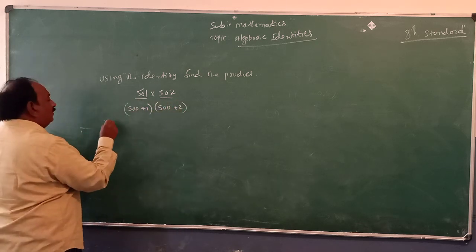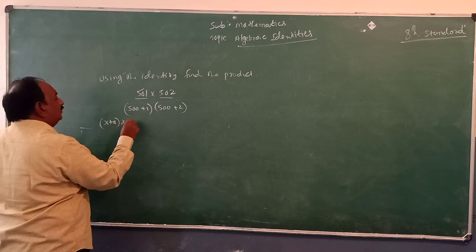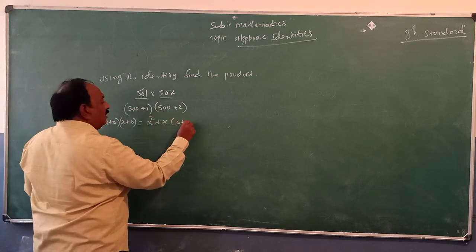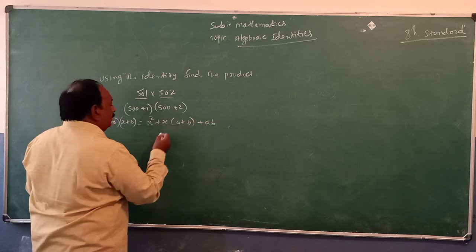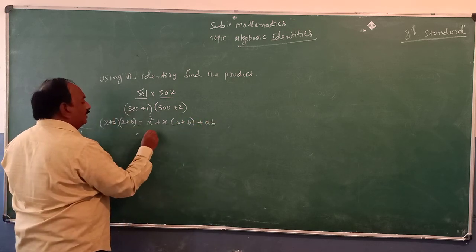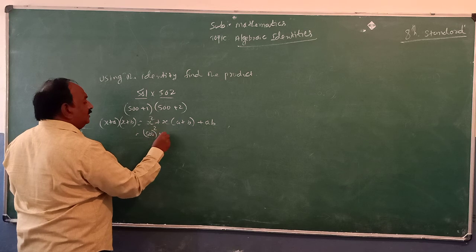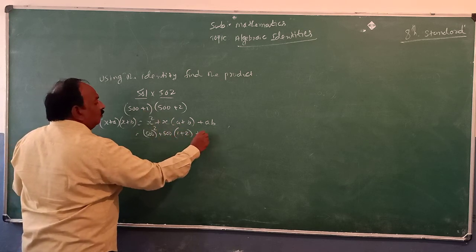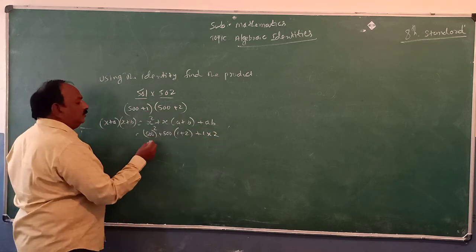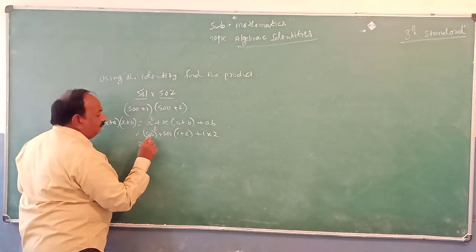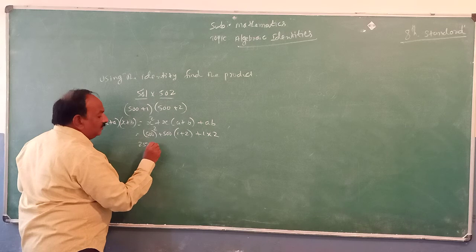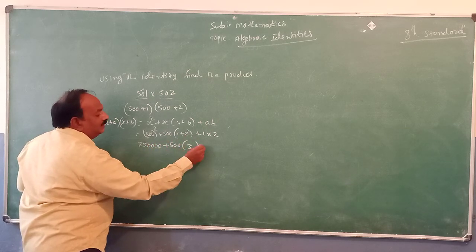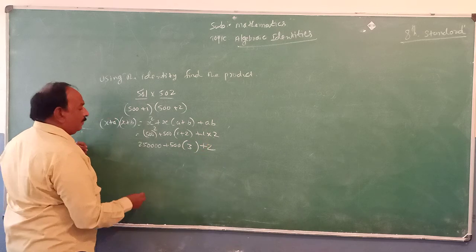This is of the form x plus a into x plus b, x square plus x into a plus b plus ab. X is 500 whole square, x is 500, a plus b is 1 plus 2, ab is 1 into 2.